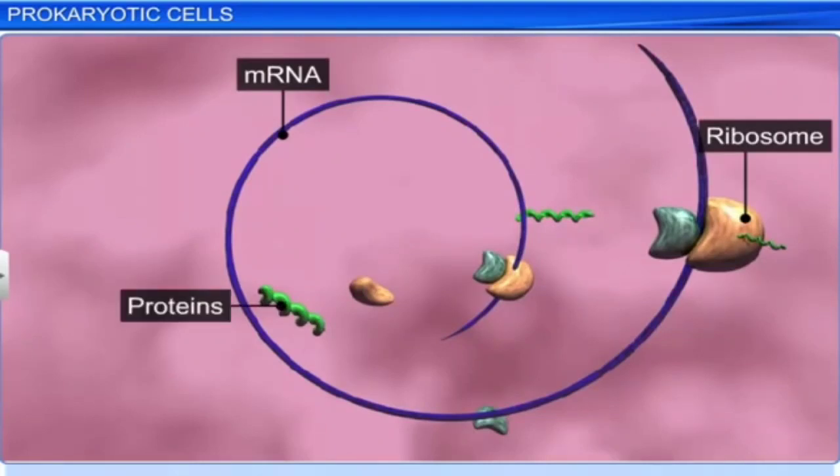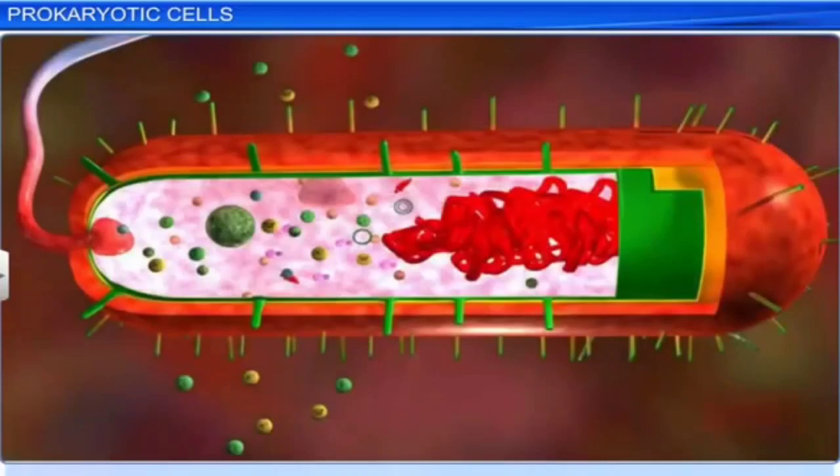Apart from the ribosomes, cytoplasm also contains inclusion bodies such as phosphate granules, cyanophycean granules, and glycogen granules, which are used for storing reserve materials.